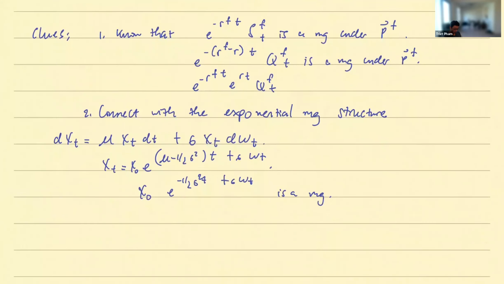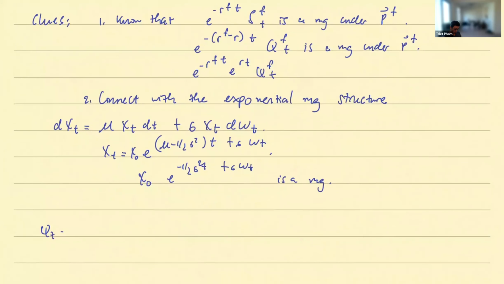For example, we know that Q_t is Q_0 e to the, let me remember, (r minus r_f minus 1/2 sigma squared) times t plus sigma W tilde, let's say 3, like that. That's W_t. This is of course under P tilde, the domestic risk neutral probability.